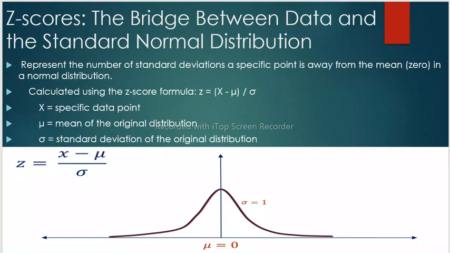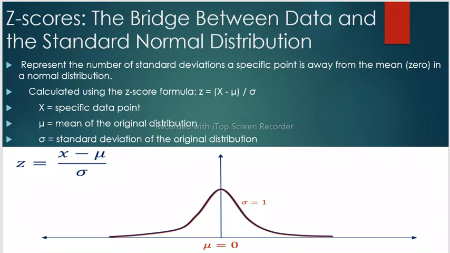Z-score, the bridge between data and the standard normal distribution. Z-scores act as a bridge between a specific data point x from a normal distribution and the standard normal distribution. They tell us how many standard deviations that data point lies away from the mean of the original distribution. The z-score formula helps us calculate this distance.